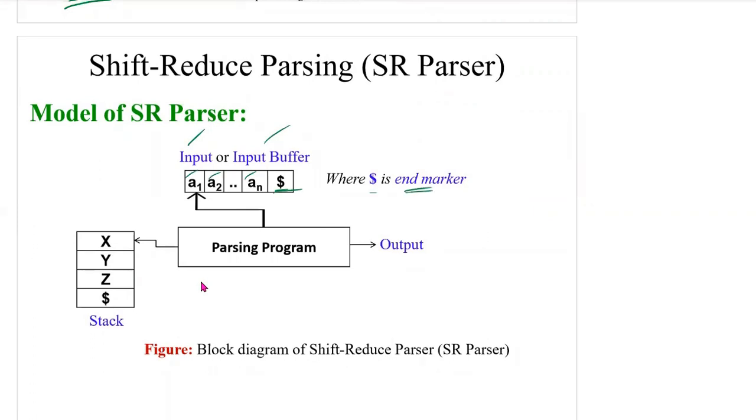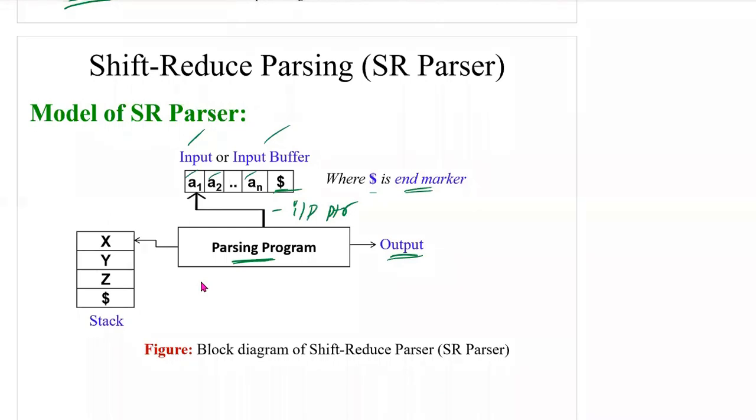Then the input pointer advances to the next input symbol. The parsing program is where the parsing actions are done. Then this is the output, which says whether the parsing is successful or not. Then the stack contains grammar symbols.